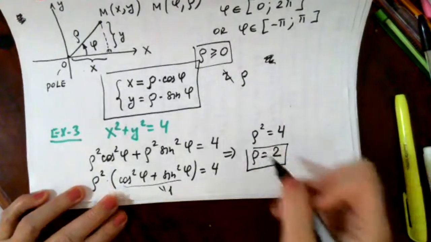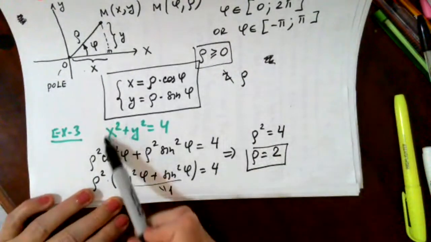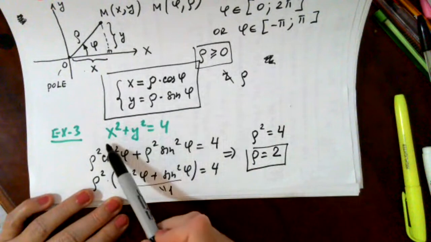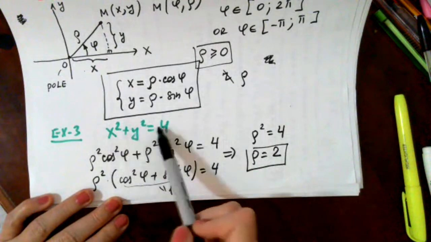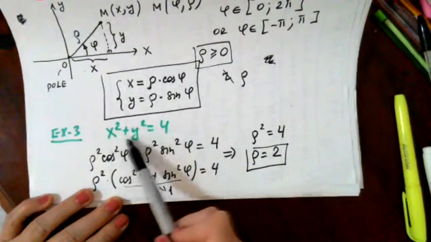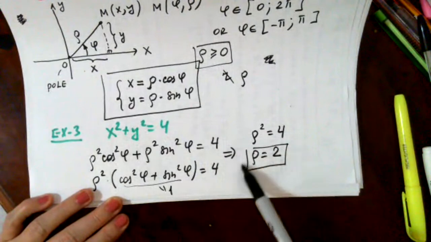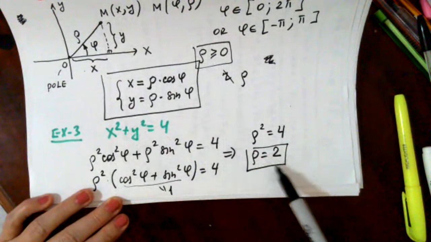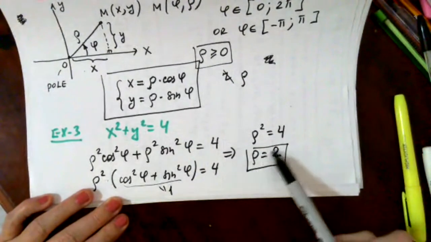So look at this, it looks like a miracle. This equation of the circle didn't look very simple in the Cartesian coordinate system, but in the polar coordinate system, it looks amazingly simple. Just rho is equal to radius, and this fact actually can be generalized.